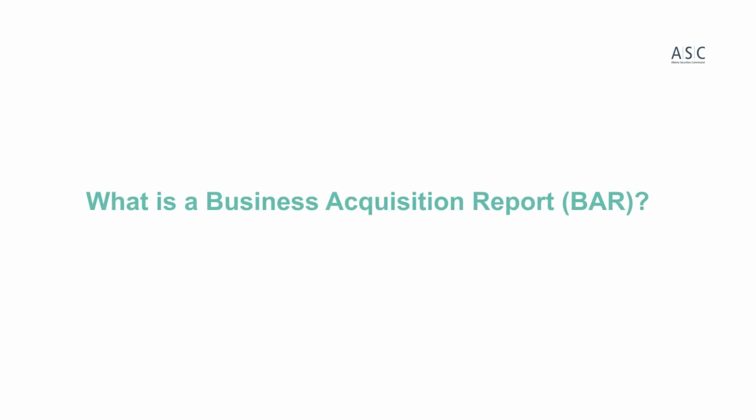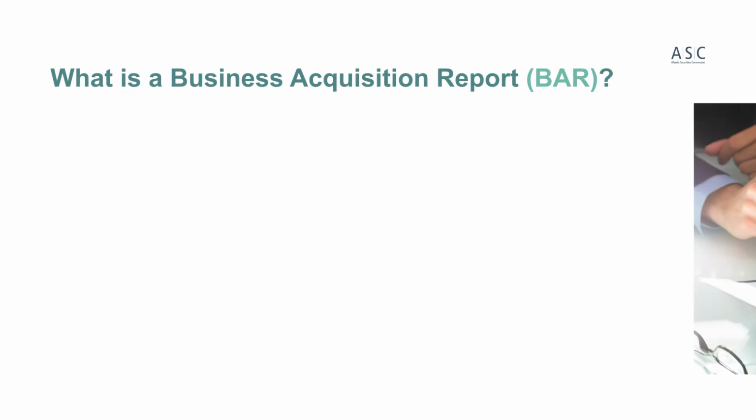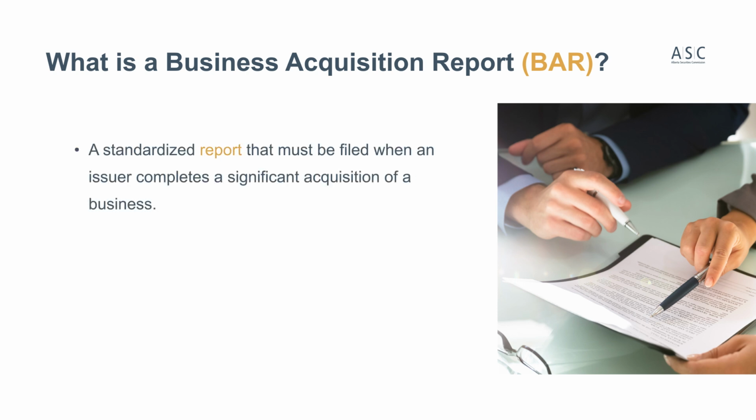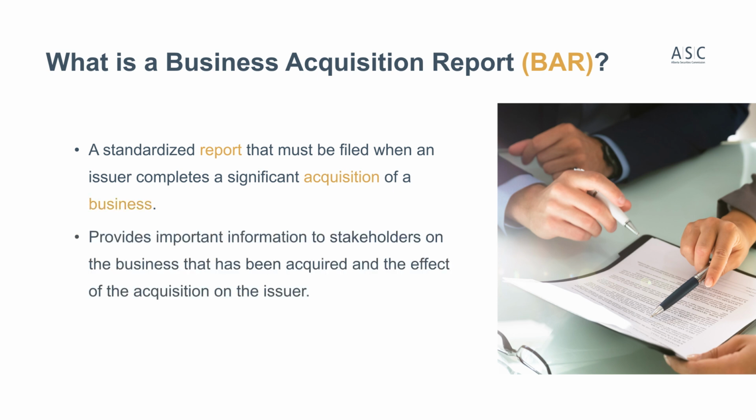Let's begin by discussing what a business acquisition report is and why it is an important piece of continuous disclosure. A BAR is a standardized report that must be filed when an issuer completes a significant acquisition of a business. It provides important information to stakeholders on the business that has been acquired and the effect of the acquisition on the issuer.